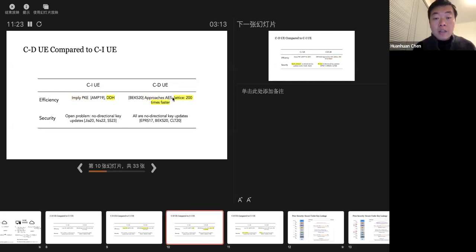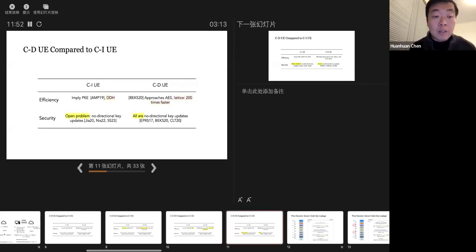And in the same paper, they also proposed a lattice technique, almost key homomorphic pseudo-random functions. The encryption and decryption algorithms can be 200 times faster than the DDH-based ones, and most ciphertext-dependent UE are based on the DDH assumption.